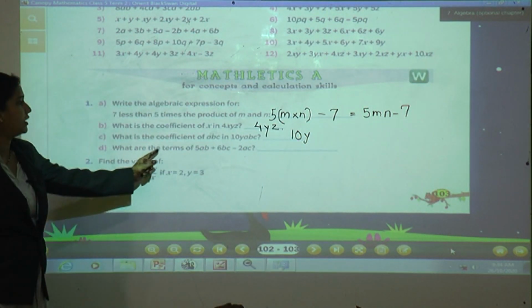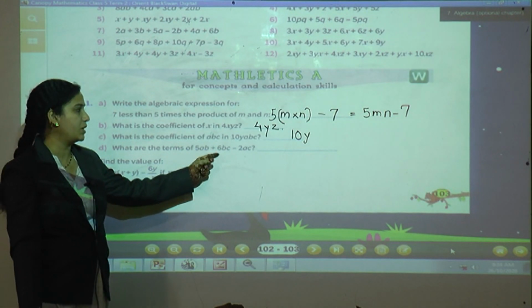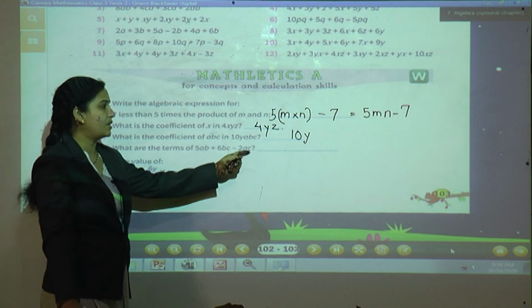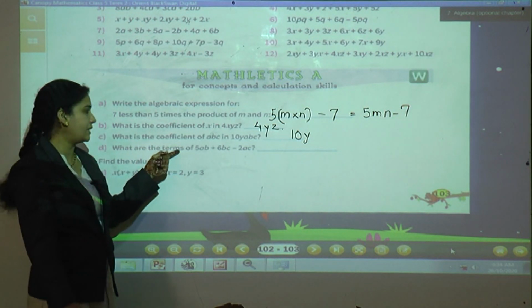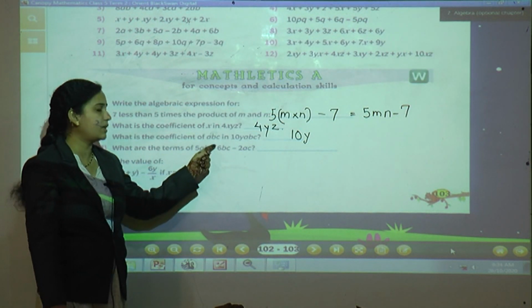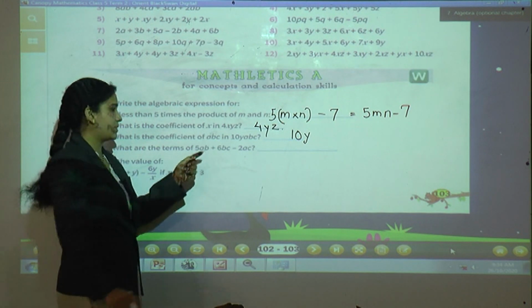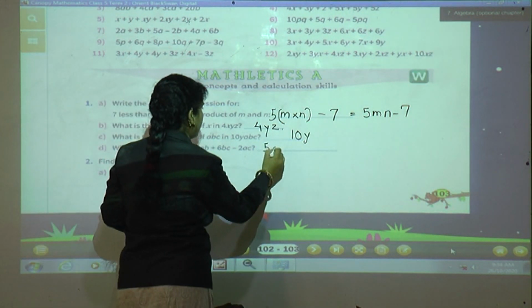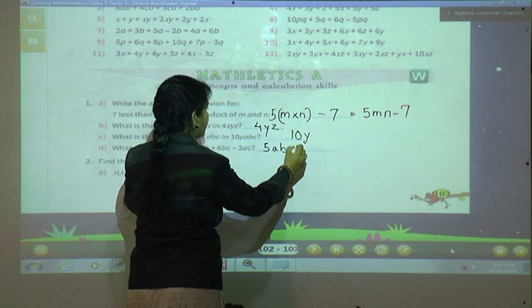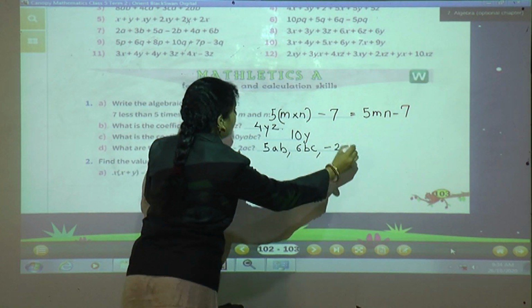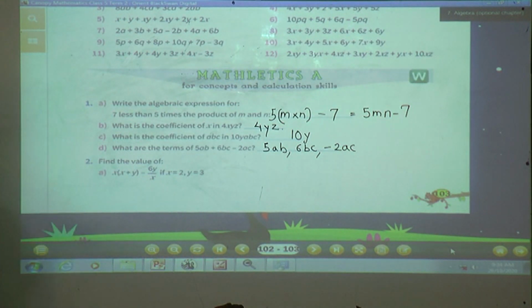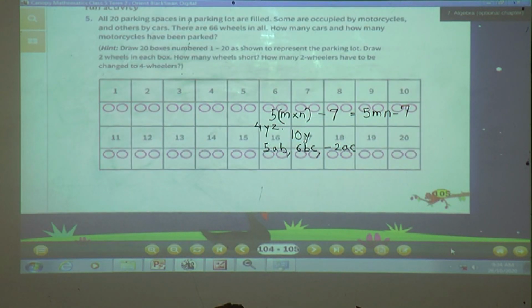Here, what are the terms of 5AB plus 6BC minus 2AC? As all of you know that when we write the terms, we have to take the sign of terms. So 5AB and here plus 6BC and minus 2AC. Good. Okay, students. Now we'll see next one.